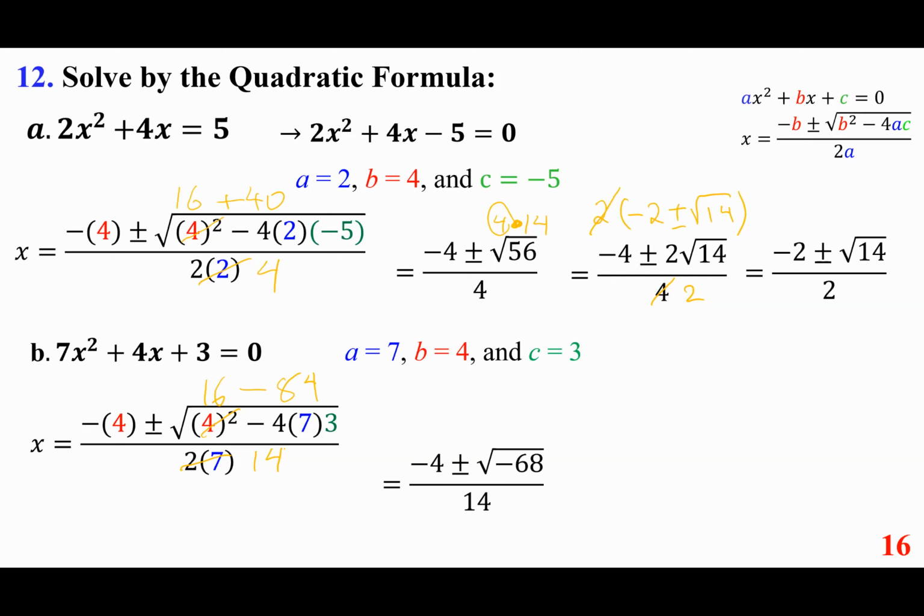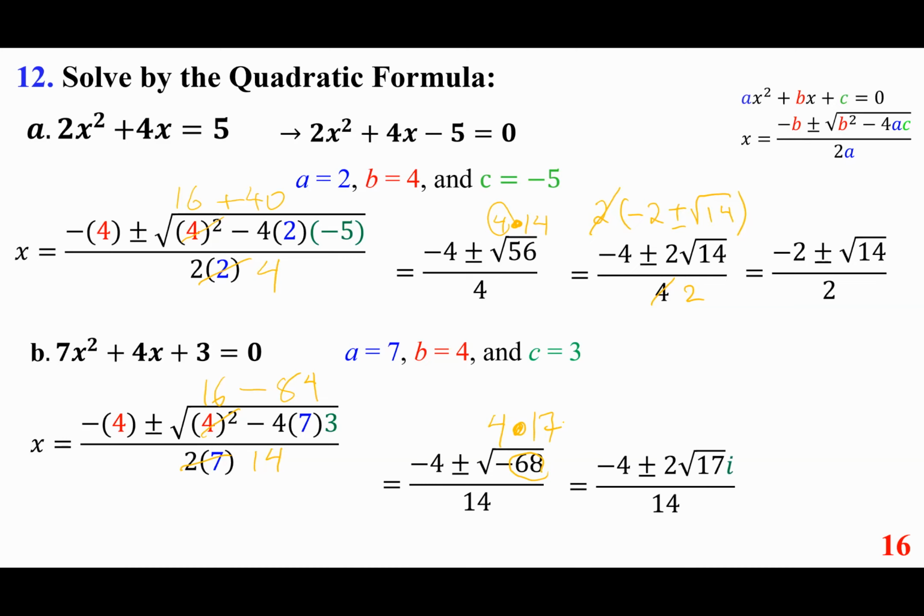Now, 68 is the product of 4 and 17. So what happens here is that 4 comes out as 2. The negative sign is changed to an i, and 17 remains.